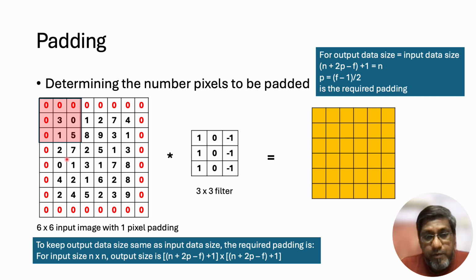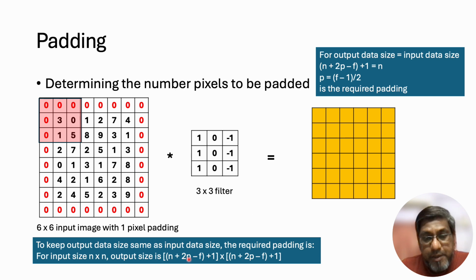However, what we notice is that when you perform this convolution between this padded input image and the 3x3 filter, the value of n becomes 8. The input image is still 6x6, but the padding value is 1, so p is equal to 1.